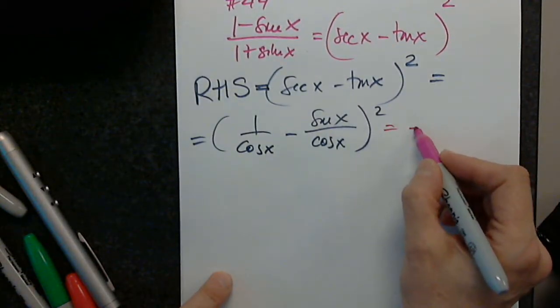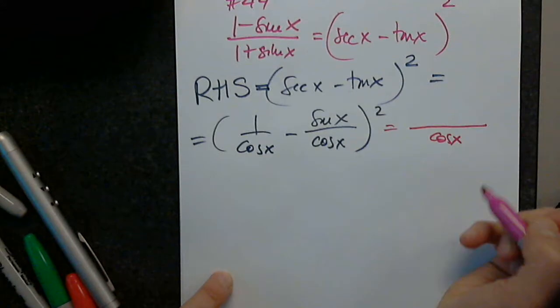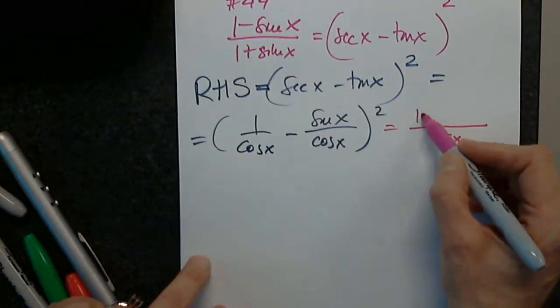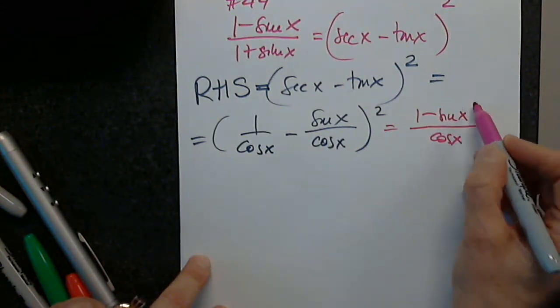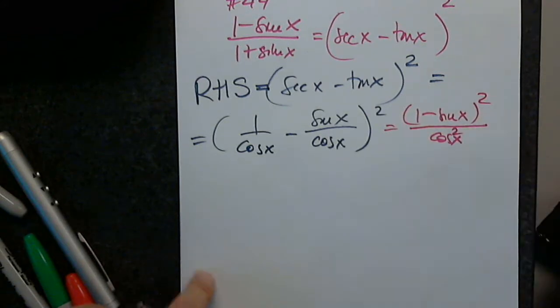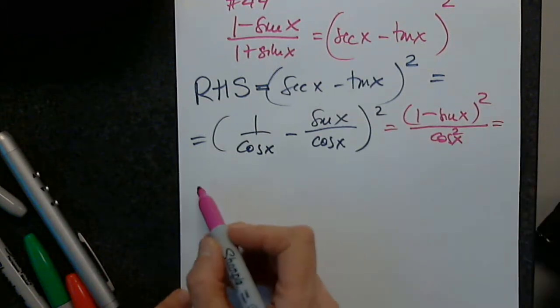Yeah, the same denominator, right? Very good. 1 minus sine x over cosine. So I have 1 minus sine x over everything over cosine x. So I said, okay, the top has to be squared and the bottom has to be squared. Again, this is from algebra. Oh, yes, you said. Good.